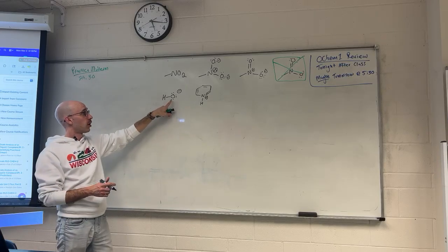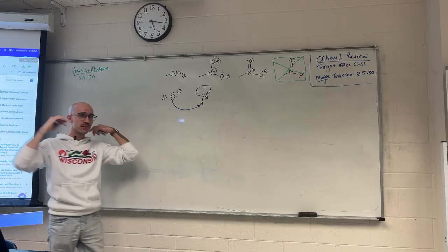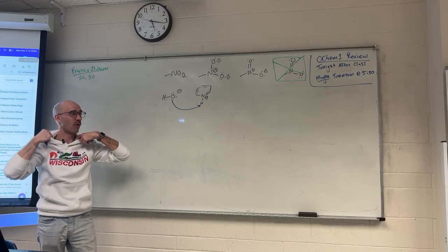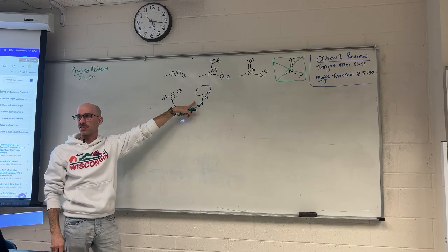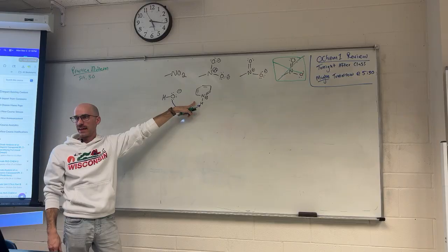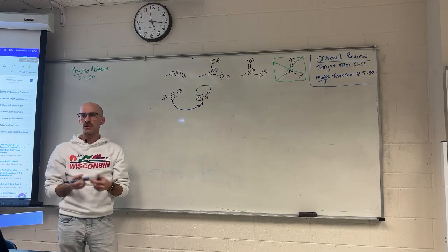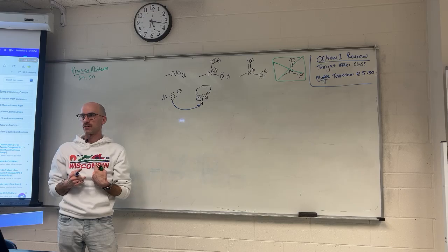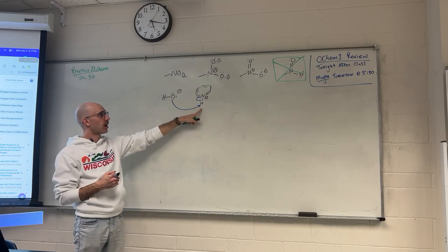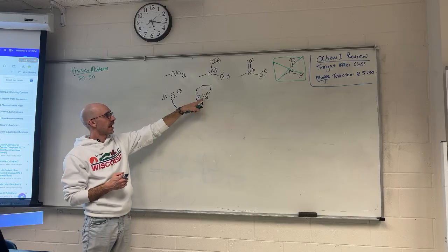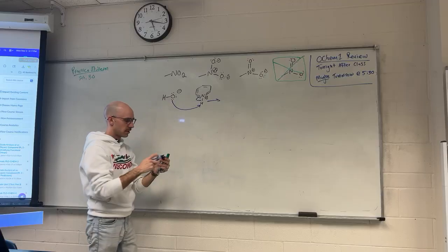So an orbital holding an electron pair on oxygen overlaps with the sigma star orbital, the anti-bonding orbital that is the NH bond, breaking the NH bond, which allows the electrons to be recaptured just by nitrogen. So bases form bonds to hydrogens, and acids break bonds from hydrogen and keep the electrons.